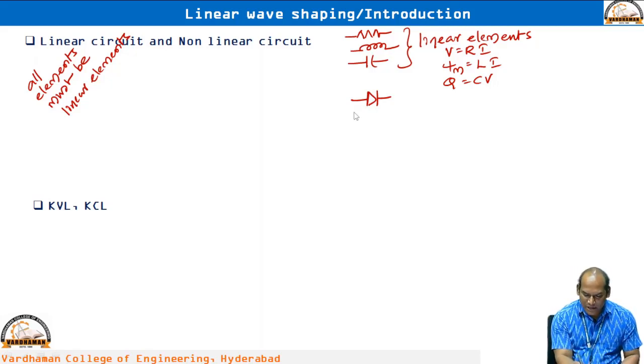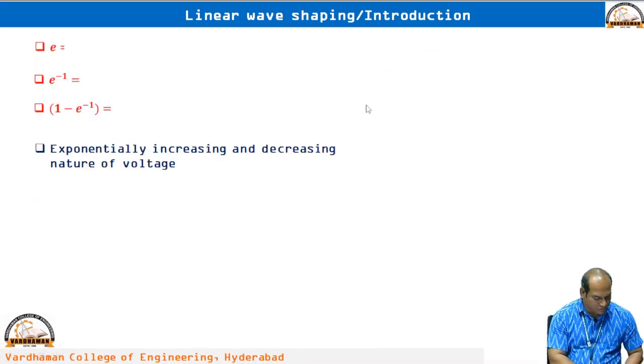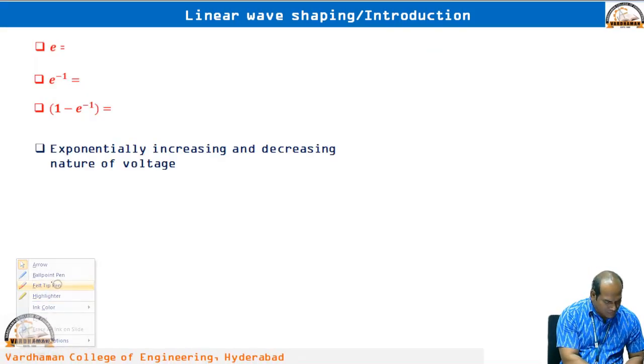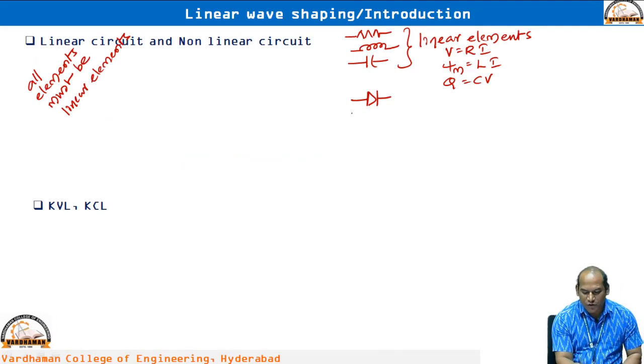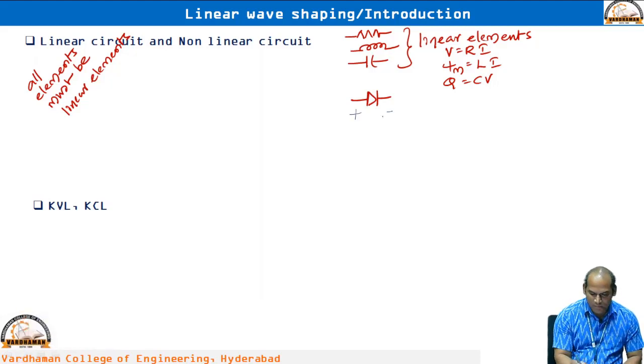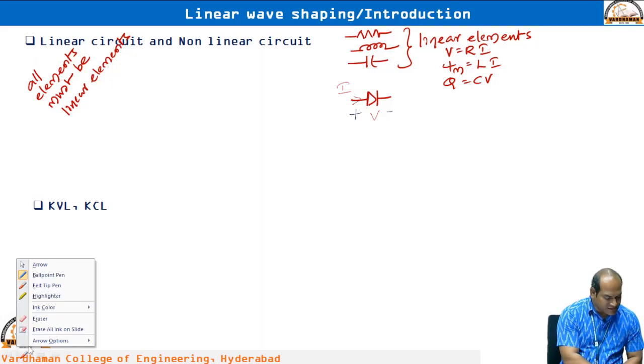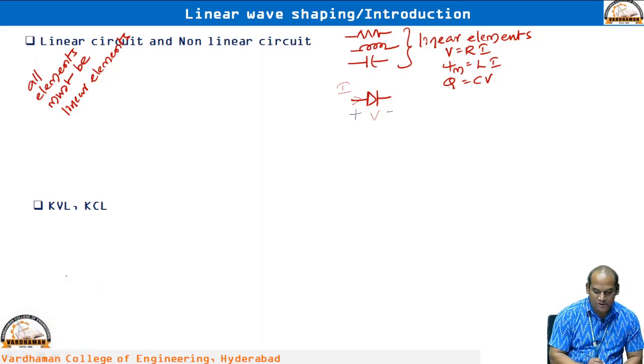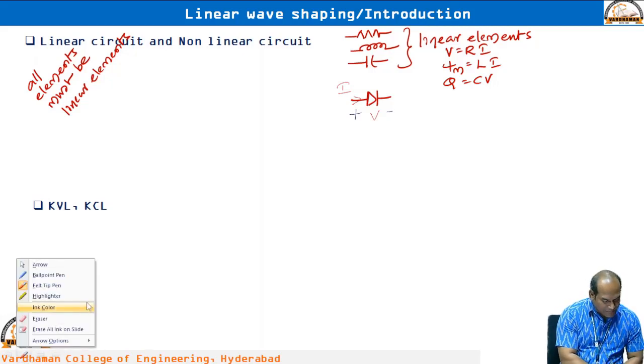If you apply a certain amount of voltage V across the diode, then a current I is passing through the diode. Then what will happen, we will see.